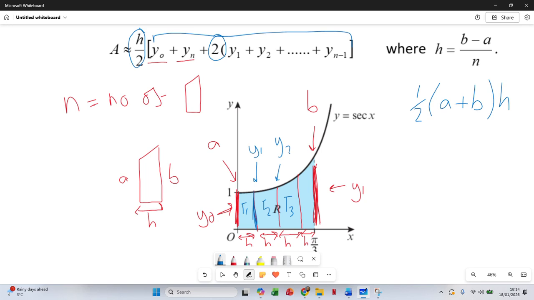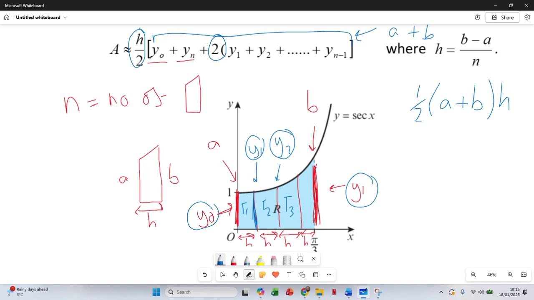We're adding all those values, but the a and b values, y1 and y2, are going to be in two trapeziums, which is why they all need to be doubled, whereas y0 and yn are only in one trapezium, so they don't need to be doubled. So that's where the formula comes from.